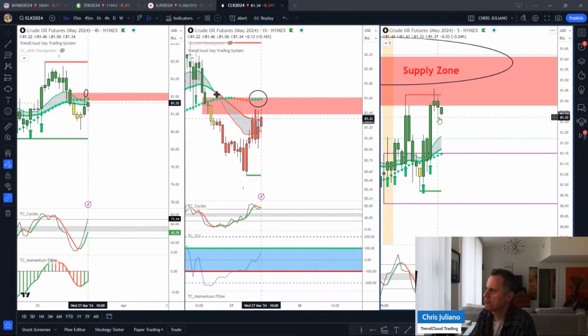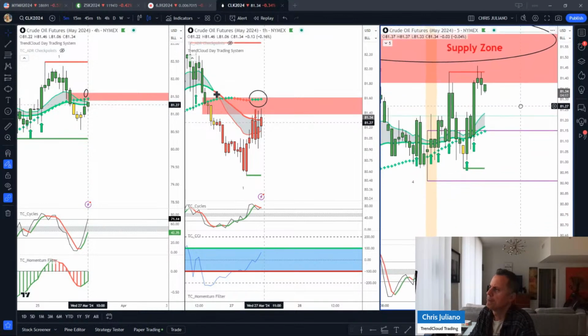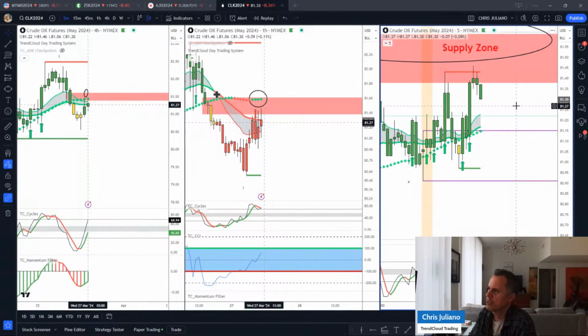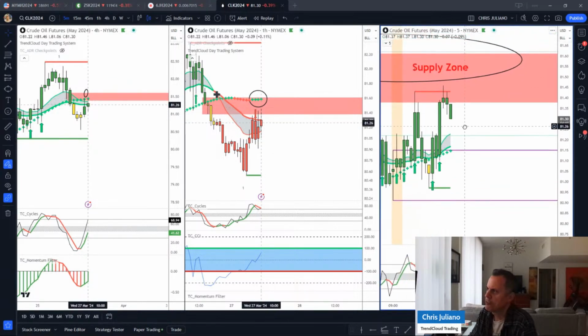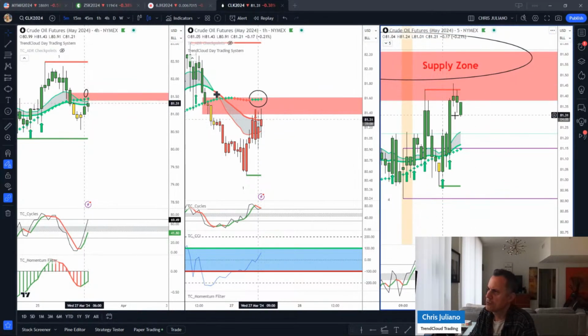5-minute chart, we're starting to break some structure here on the candles. That's a good sign. That is a good sign. There we go. Pulled back in, went a little higher. What is the potential here on the 5-minute chart that could happen? Take a look.